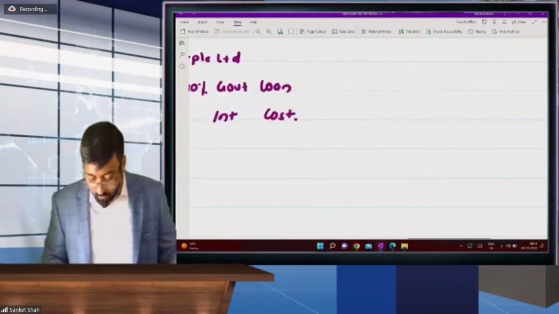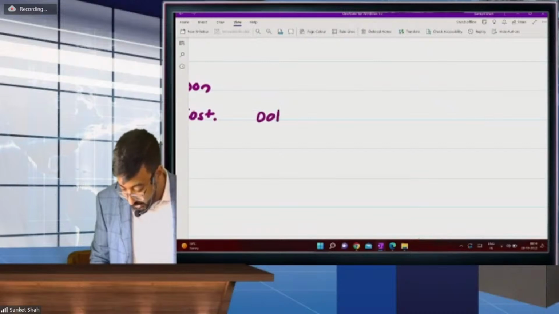You can take it on 2 pages if you want, if your handwriting is big.